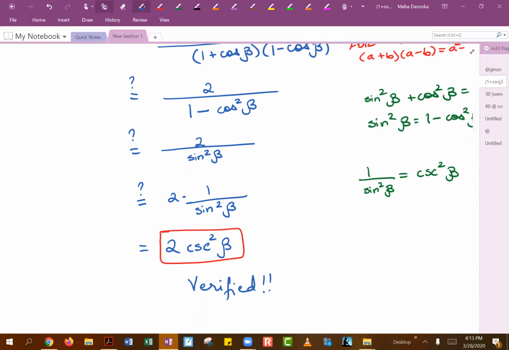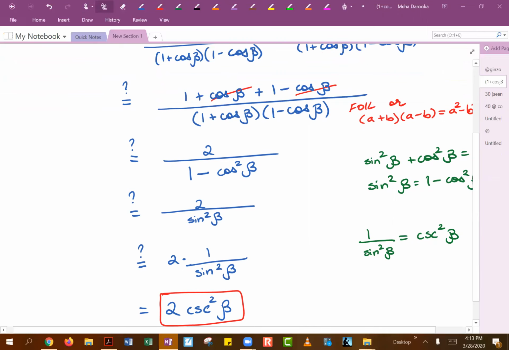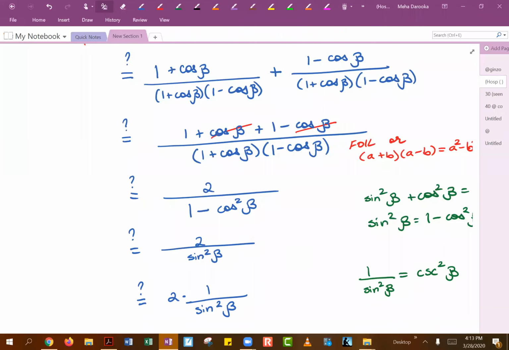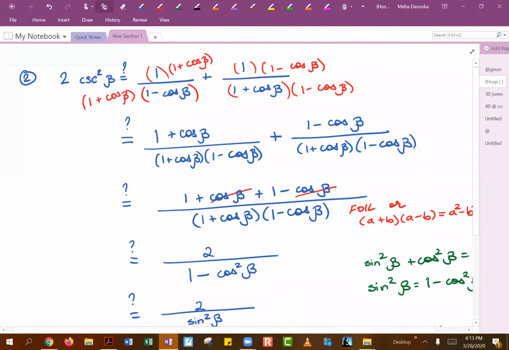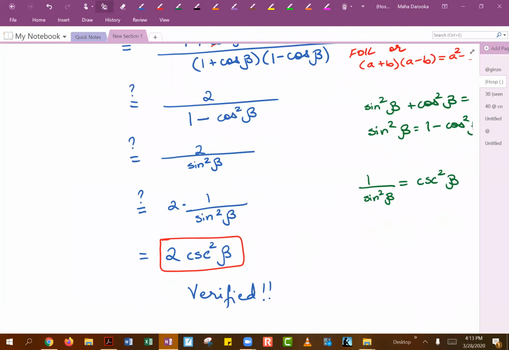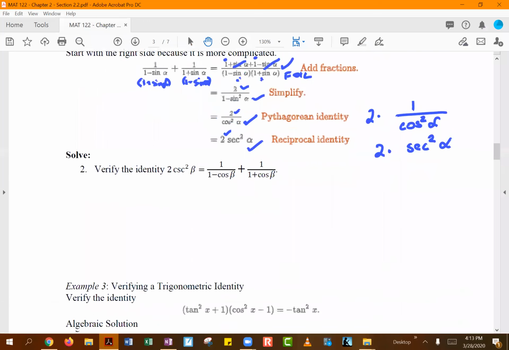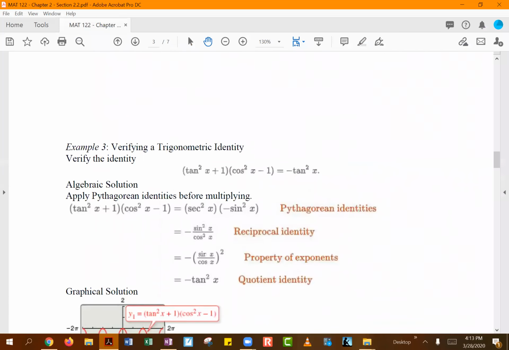Okay, so on the last one, you don't need to put the question mark because this is where we're showing they are in fact equal to each other. Okay, so a little bit of a lengthy process. Now, of course, you don't have to write as many steps as I wrote in this one, but I just wanted you to see how that transformation happens and how you can prove that this identity in fact is equal, right? All right, so that's our example 2.